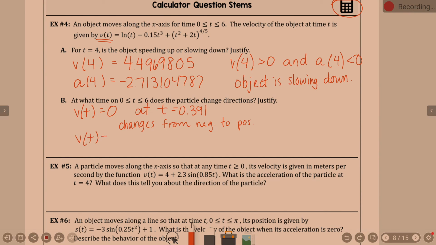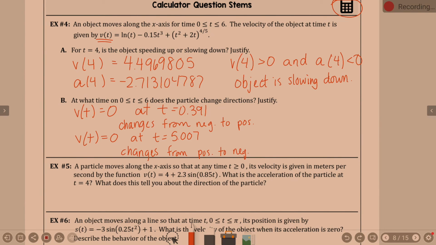Velocity also equals 0 at the other one, and I will tell you the other one is 5.007. And there, that's when my graph is changing from positive to negative. Okay, so you can do these various things on your calculator, right?